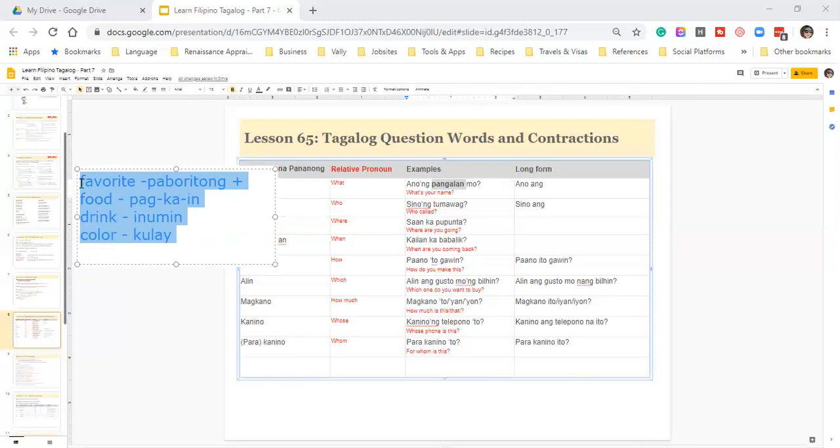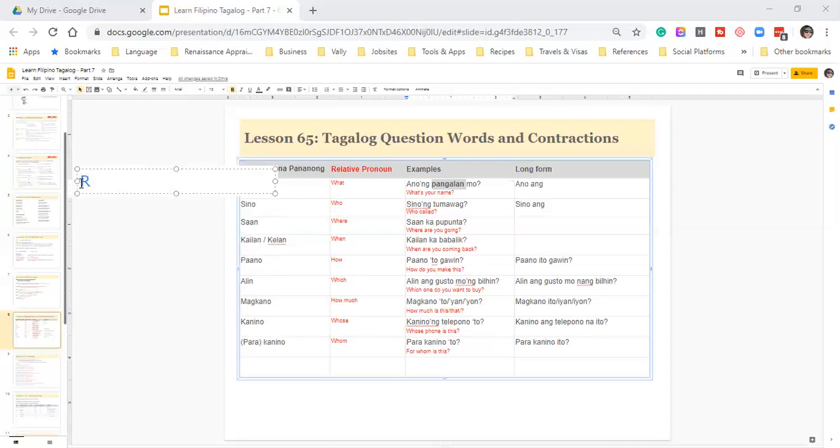So what I want you to do now is, I'm going to remove this. Now you will have to ask with a verb. For example, you will still use sino, sinong, and then we're going to have a verb, and you're going to have to think what is the form of this root word. I'm going to give you the root verb only.